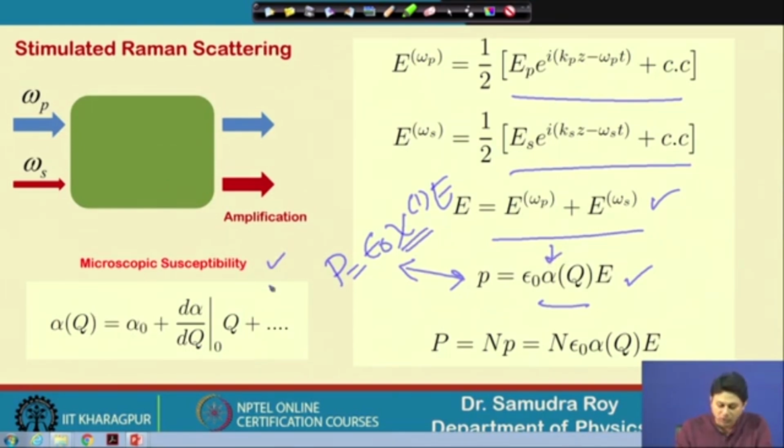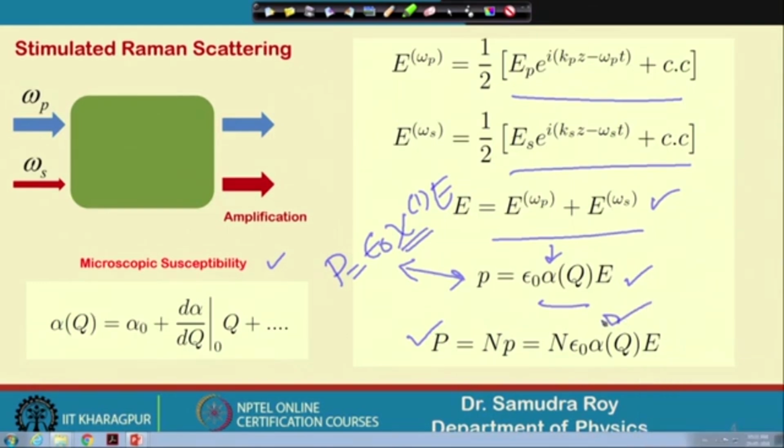The total polarization can be found, as an approximation, by multiplying by the total number of dipoles or molecules per unit volume, and this susceptibility is still a function of q.